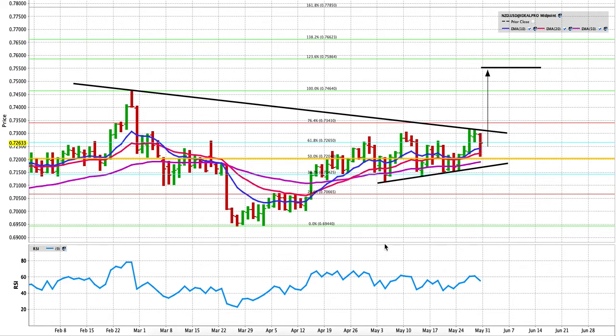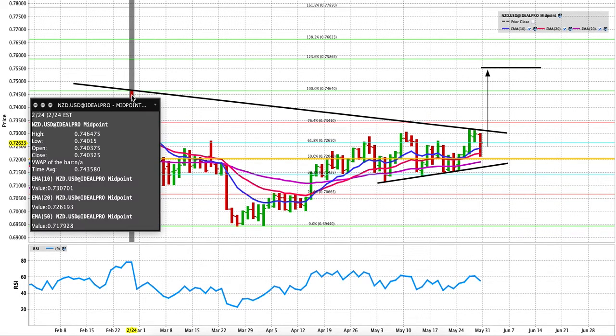So as you can see, there is the New Zealand dollar versus the US dollar, and that's a 4-month picture at the daily bars. And you see that last high here from the 24th of February at 0.746475, and the last low here, which is around 24th of March at 0.6943.